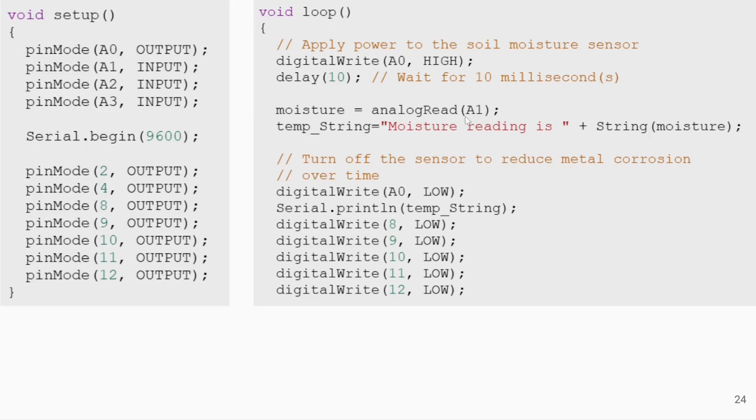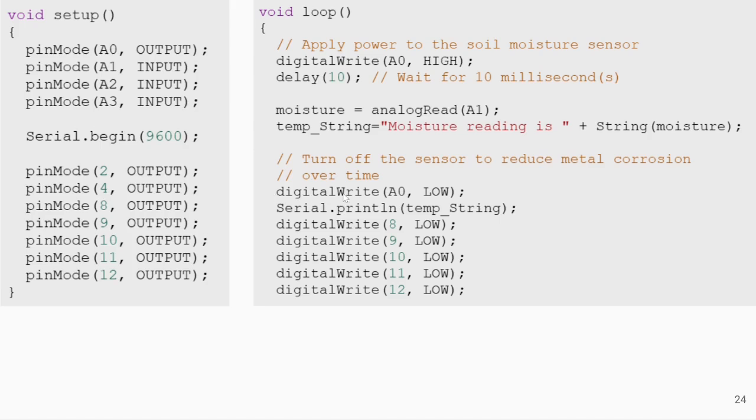Here we read the A1 channel and get the moisture value. This is just for debugging: I convert the read digital value into a string and print that string into the debug window, which I just showed you.